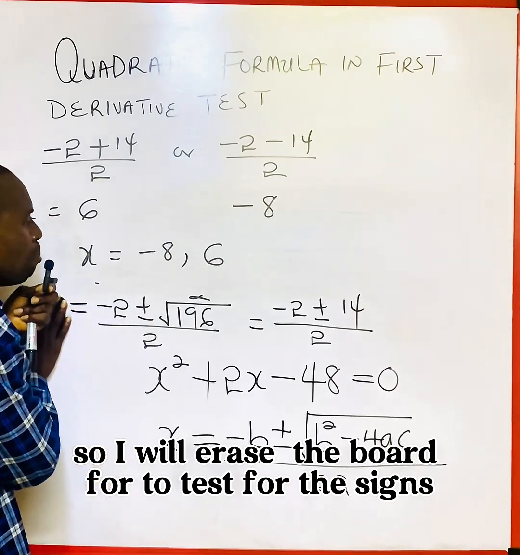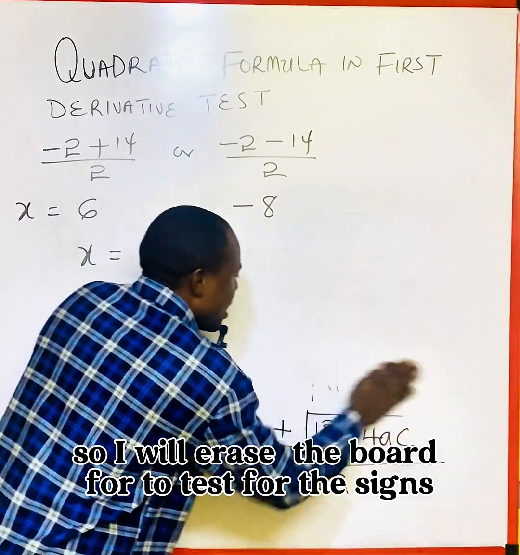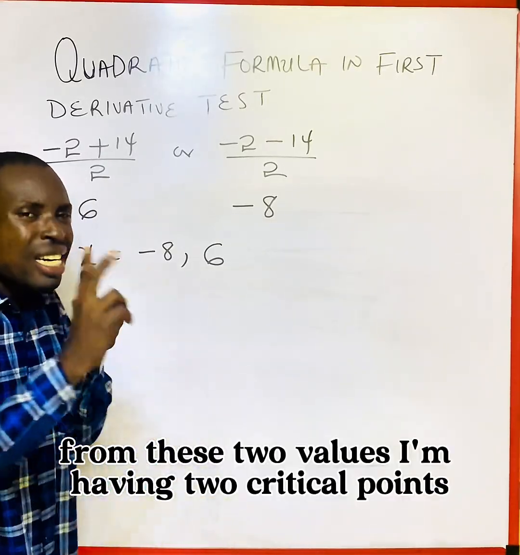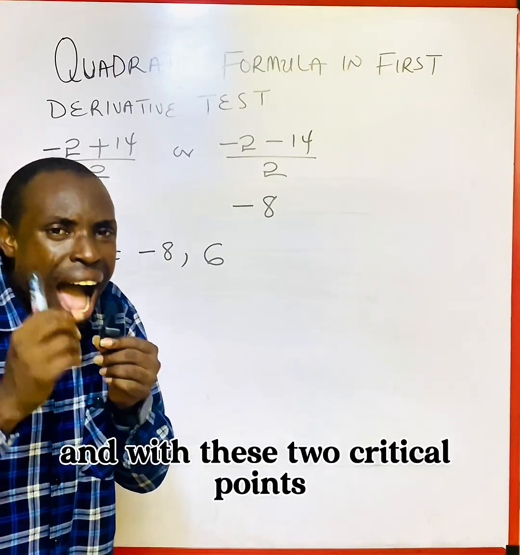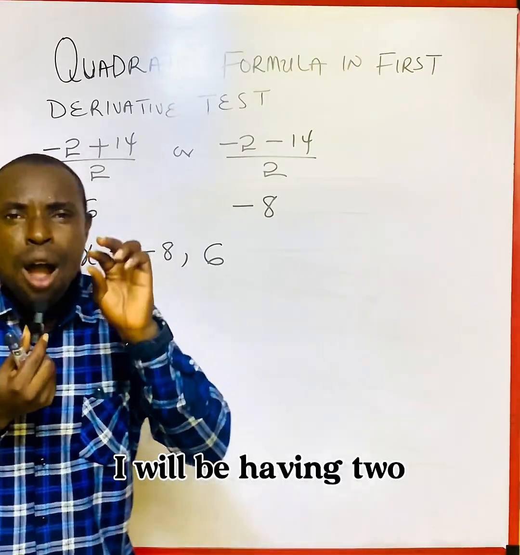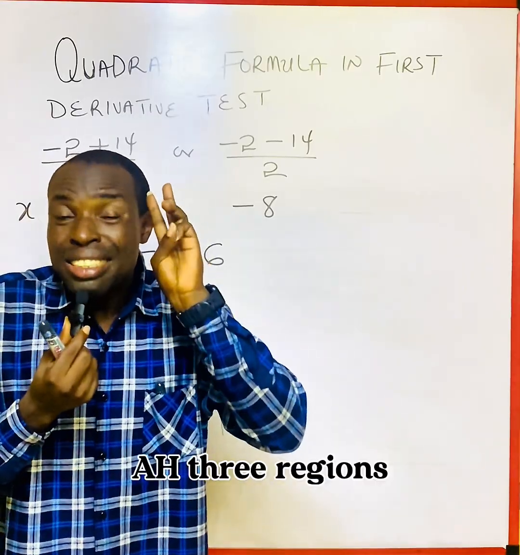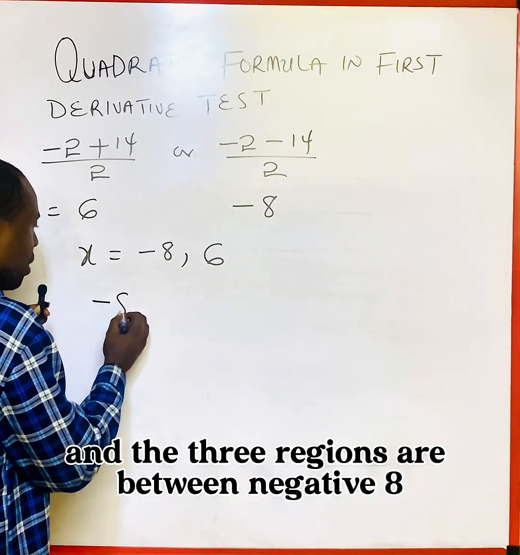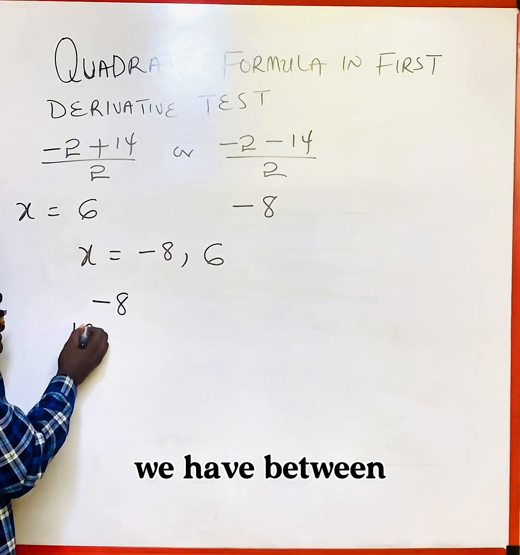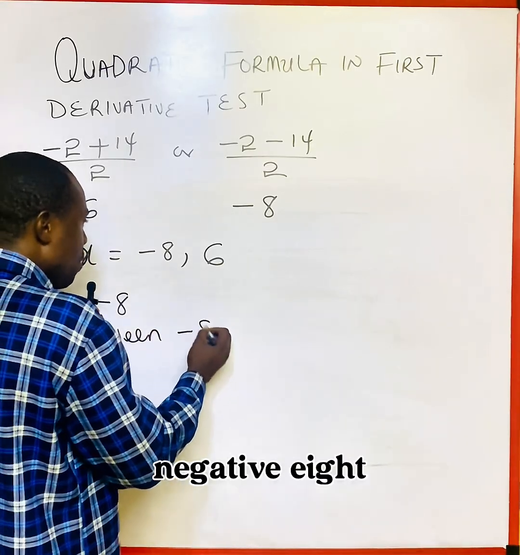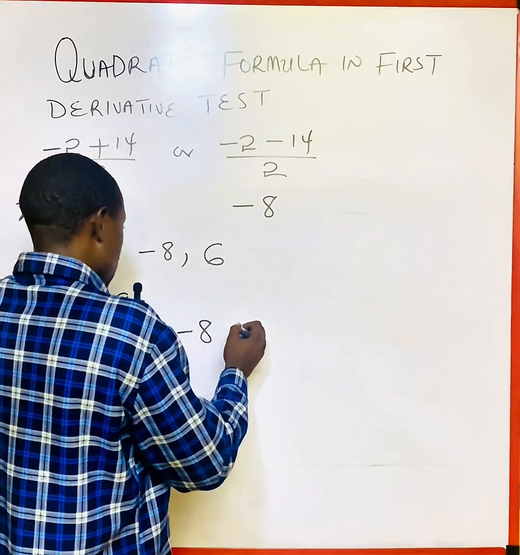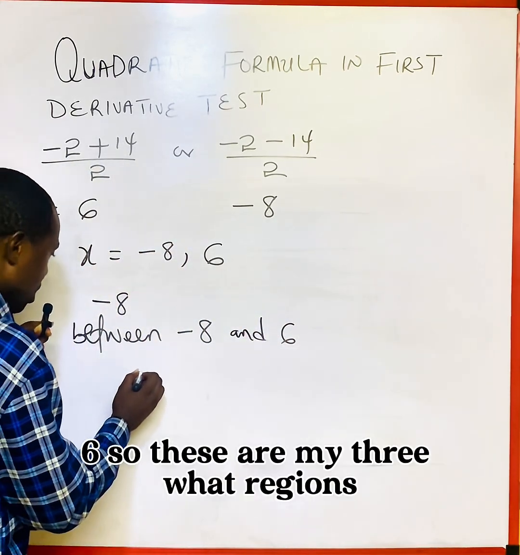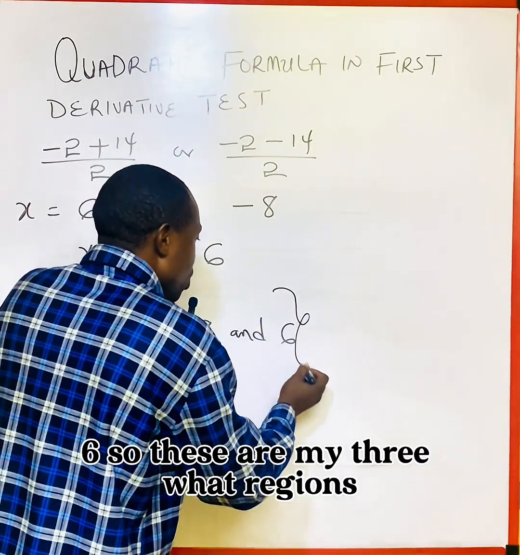So I will erase the board to test for the signs. Now from these two values, I'm having two critical points, and with these two critical points I will be having three regions: we have values before negative 8, values between negative 8 and 6, and values above 6.